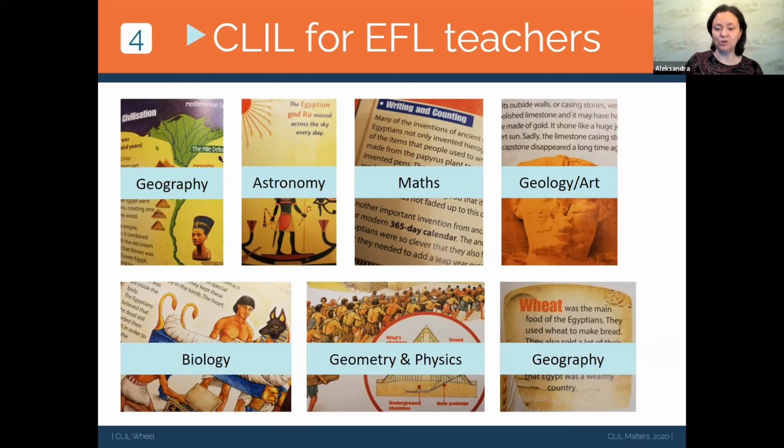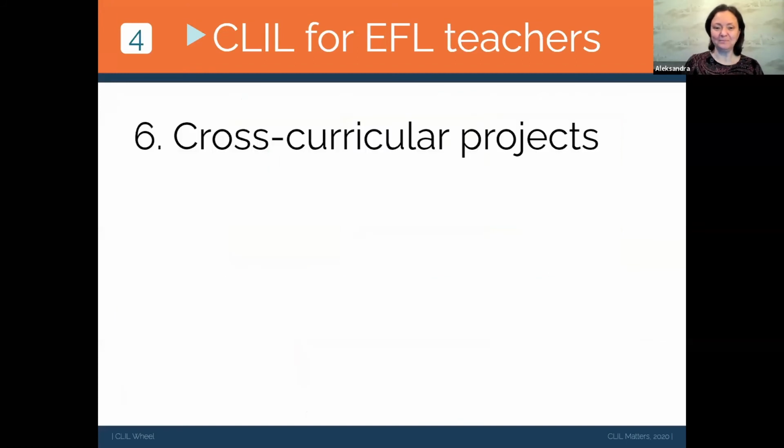And again, I can show them, look, we can talk about disciplines, but there is just one big knowledge there. And one thing more, you can think about, you can design your own cross-curricular project.